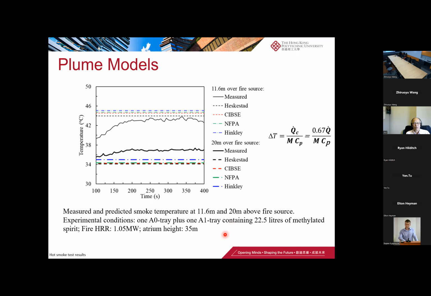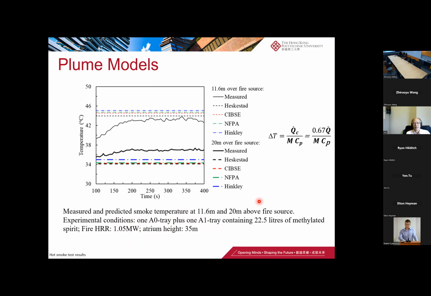So we had a hot smoke test in one of our projects with an atrium height of about 35 meters. We used the Australian standard to configure the fire, with a 1 A0 tray plus 1 A1 tray, and a fire heat release rate of about 1 megawatt.